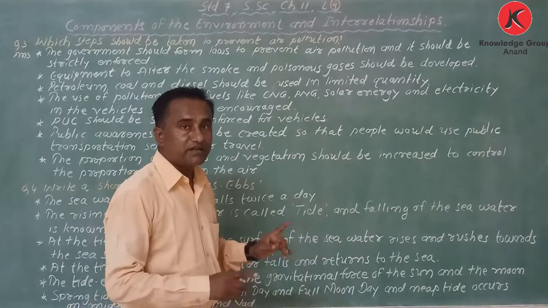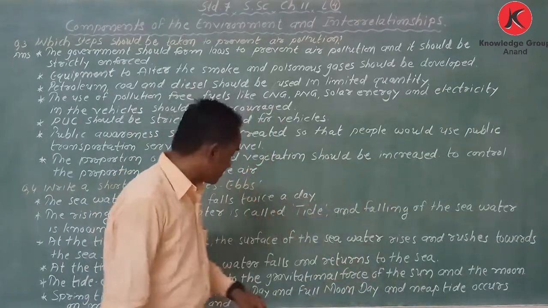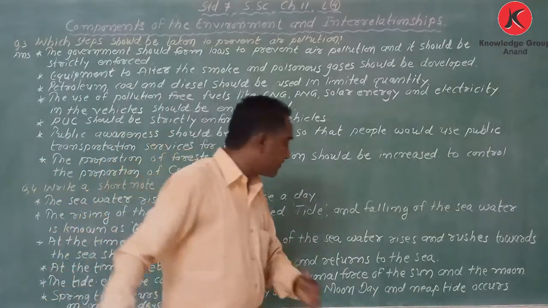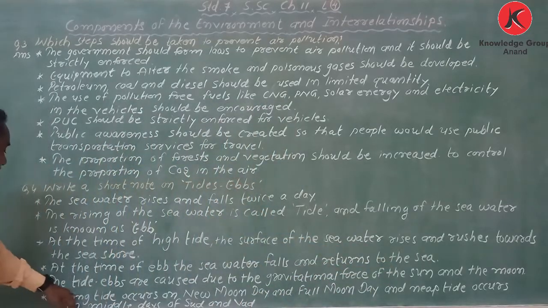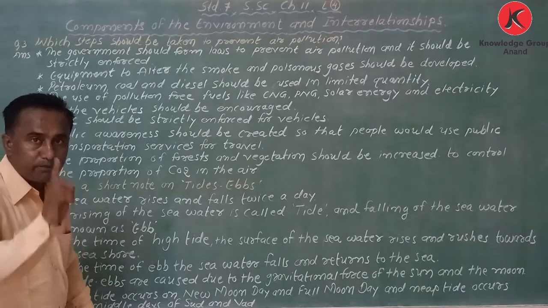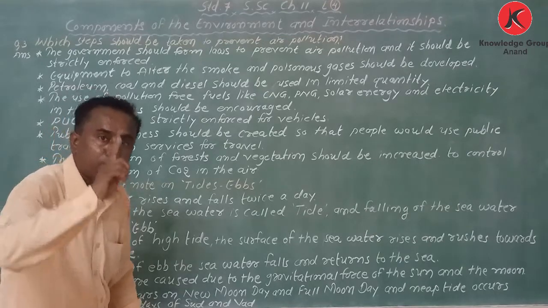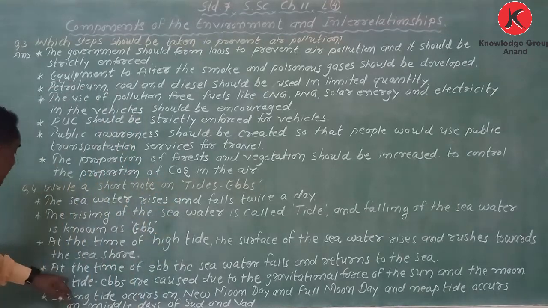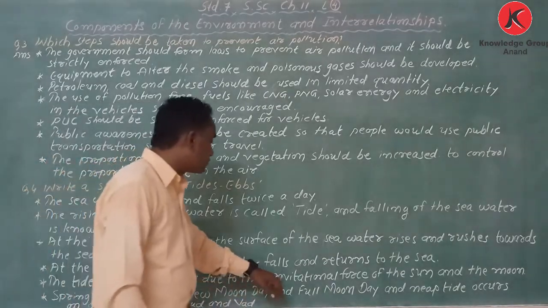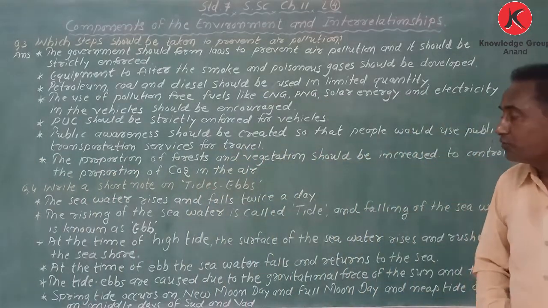My dear students, tides rise and rush, and ebbs fall and return. Next point, the tides and ebbs are caused due to the gravitational force of the sun and the moon. Got it?